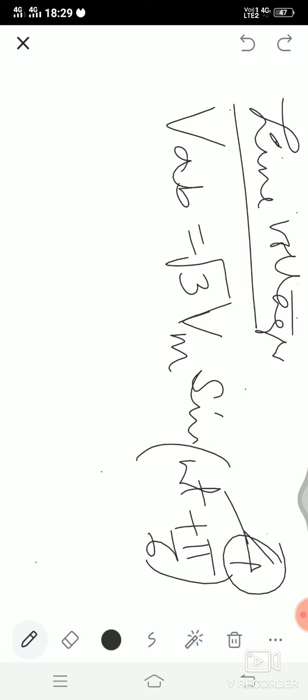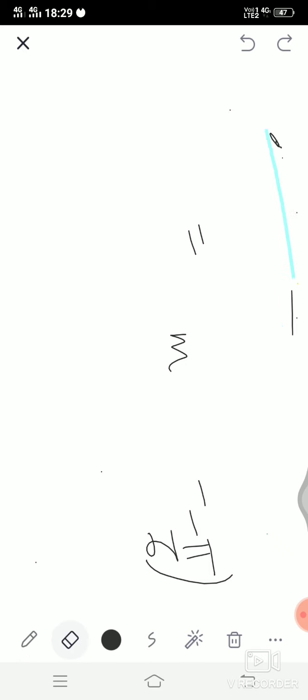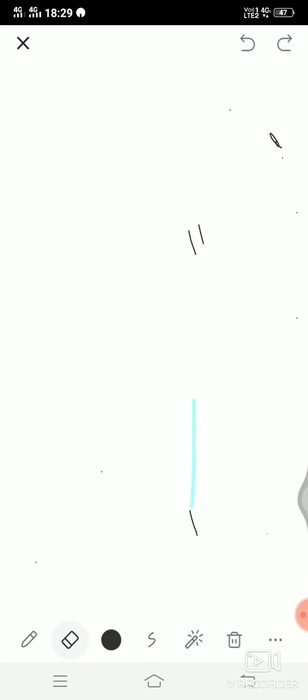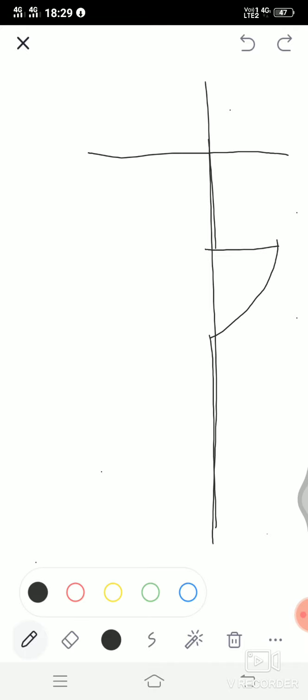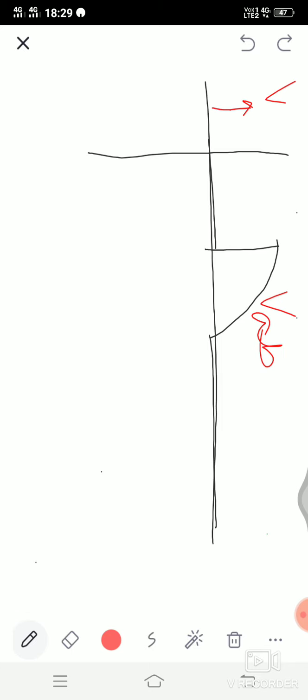So now let us find out V0 line average value. So we will have to draw. Here we have only taken VAB. This is your V0 line.